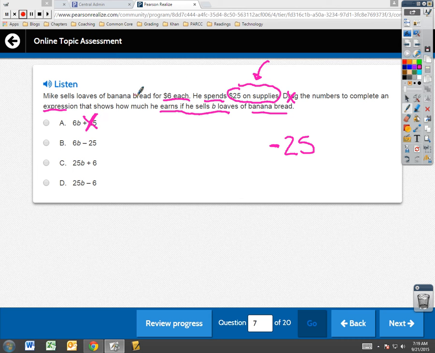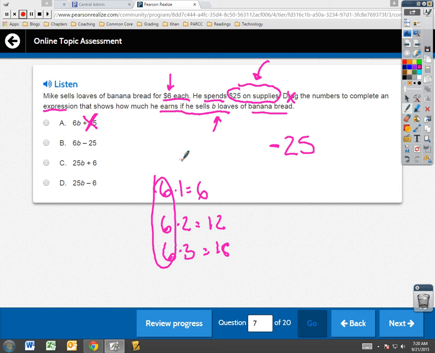Now it says he sells loaves of banana bread for $6 each. If he sells B loaves, well, let's see here. If I sold 1 loaf, that'd be 6 times 1 equals 6. If I sell 2 loaves, that'd be 6 times 2 equals 12. If I sell 3 loaves, that's 6 times 3 equals 18. Now the constant here is the 6.